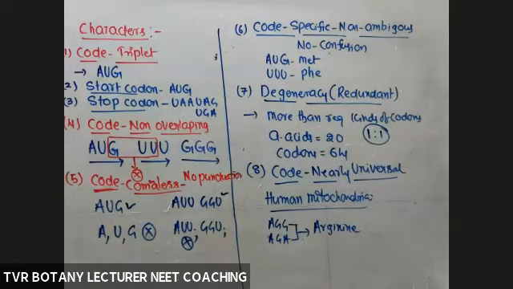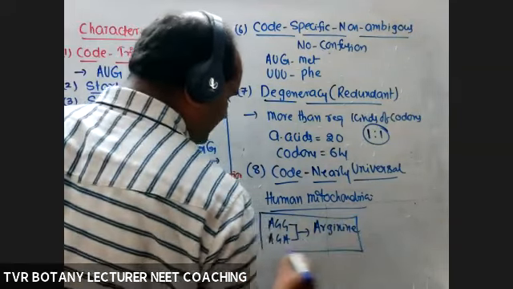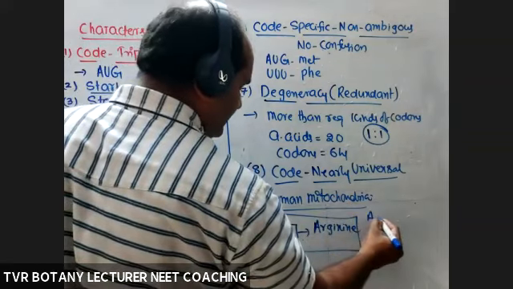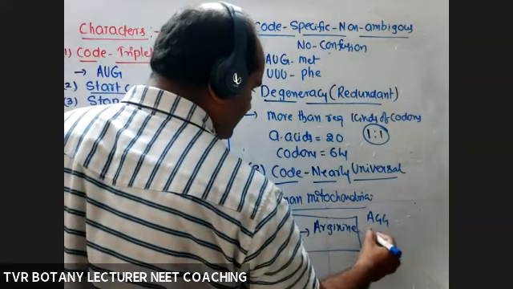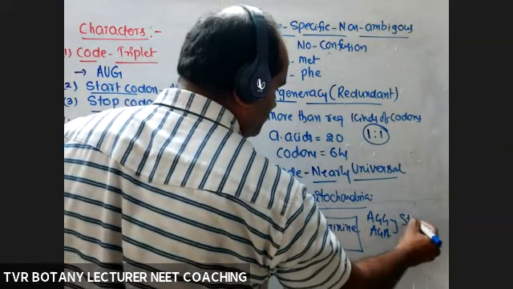Arginine. Are they sense codons or not? They are the sense codons. So in the case of animal mitochondria, AGG and AGA are the stop codons.